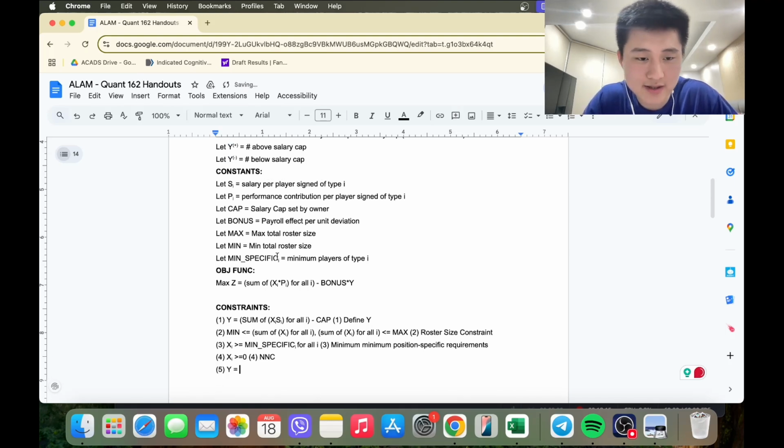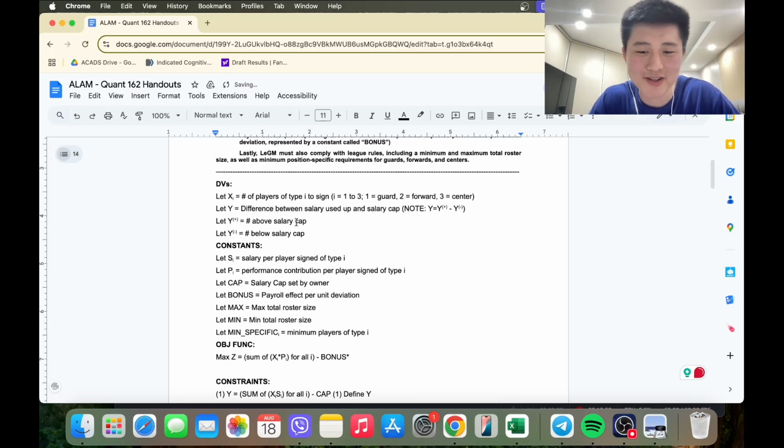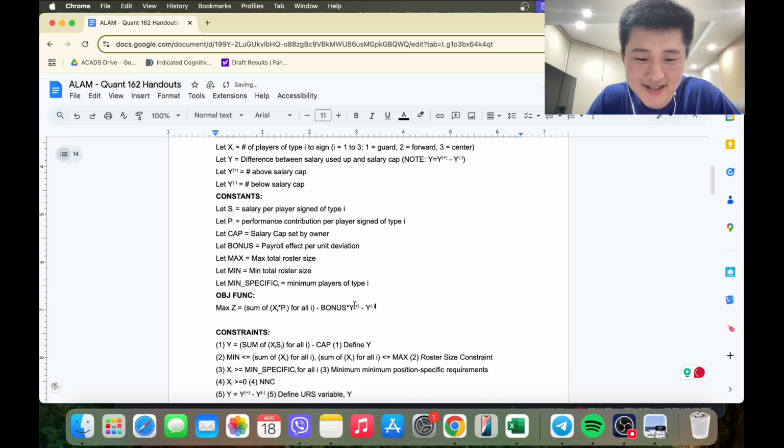Y equals this minus this. Define URS variable y. You have to replace all the y's by this, since you can't have the y, which is not NNC-able.